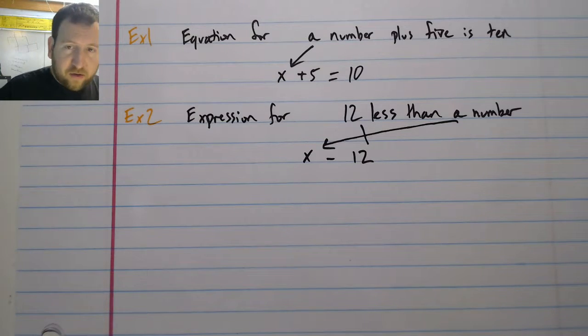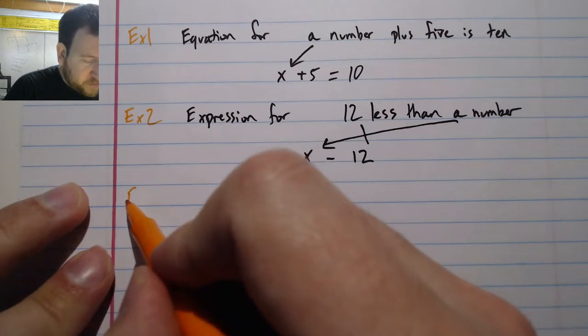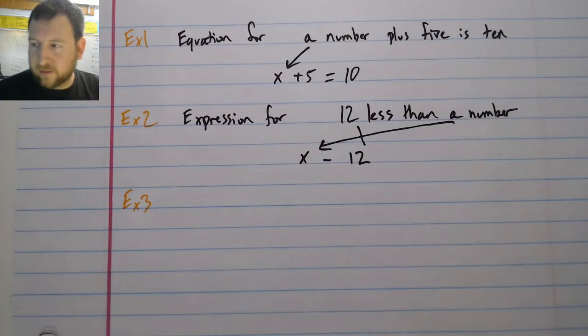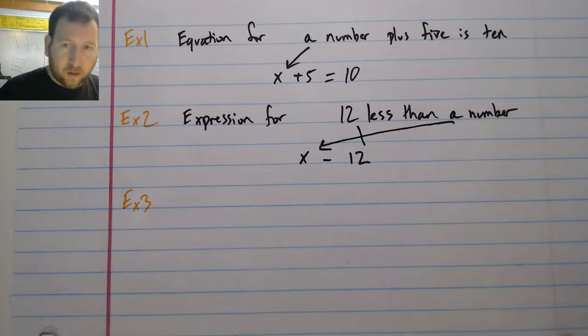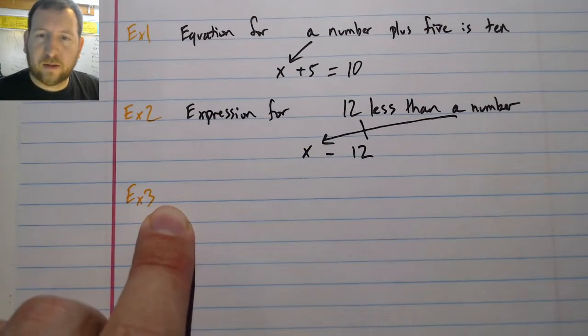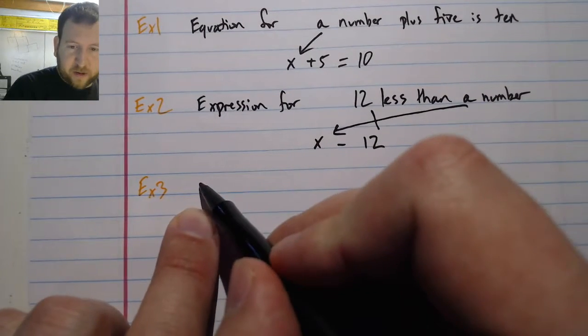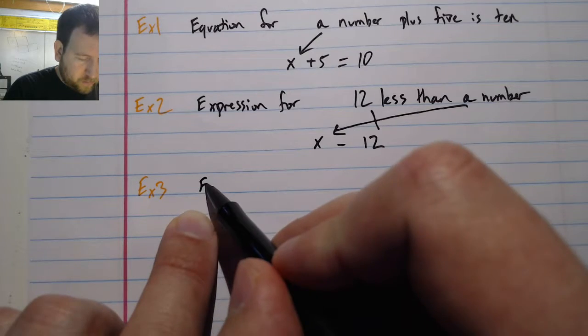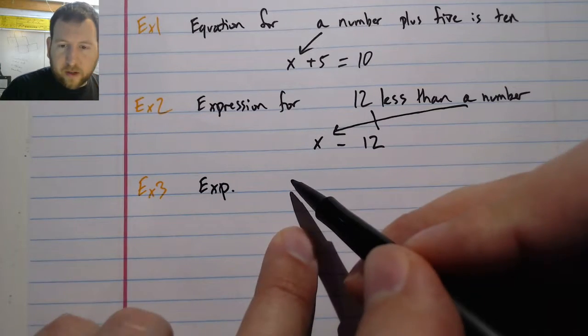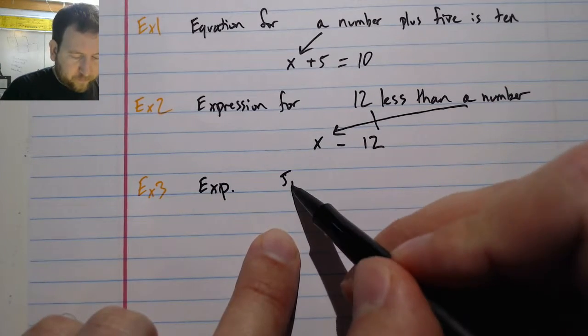And I'm going to do 2 more examples, one of each, if you'd like to watch me do these. Example 3, let's take a look at another expression. We're going to do 5 more than a number.